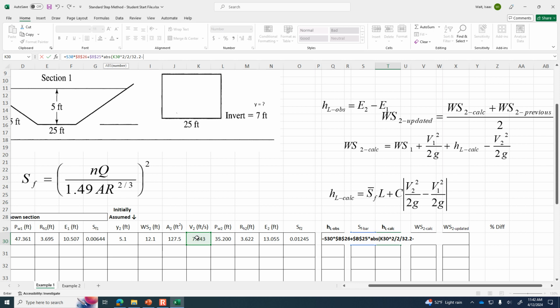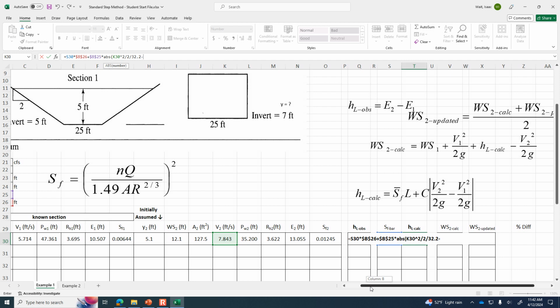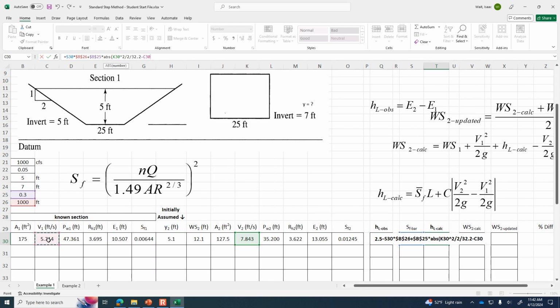And now minus, click on the cell for V1, squared divided by 2 divided by 32.2. Close parentheses, and with any luck, this has given us a calculated head loss of 9.579 feet.